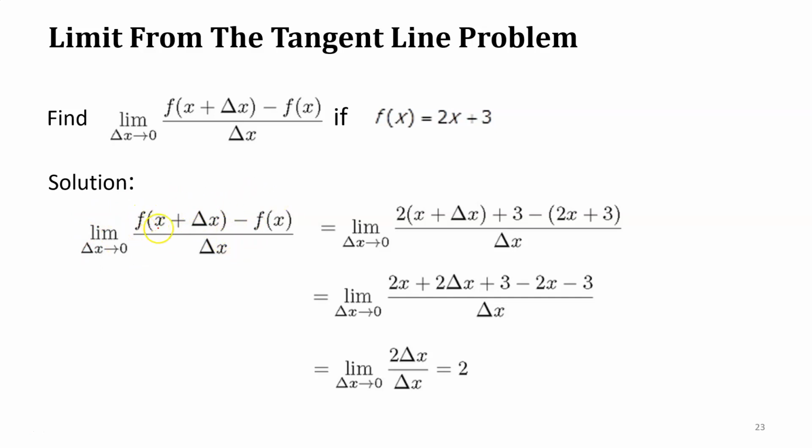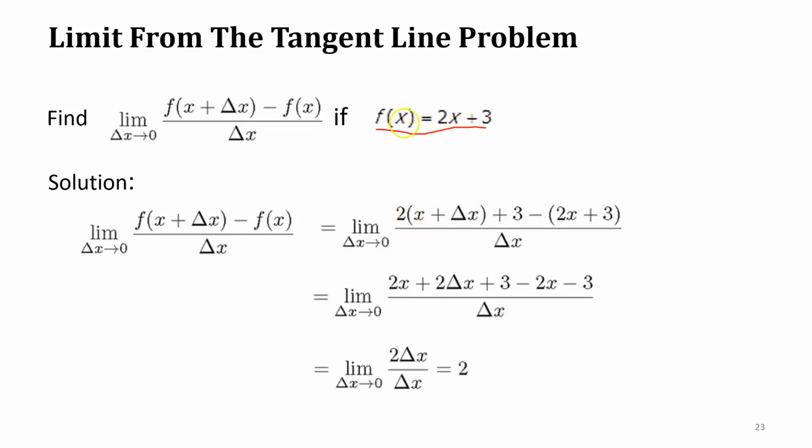For example, you have f of x plus delta x. So this is your f of x. When it is x plus delta x, meaning that everywhere you have x over here, you're going to add delta x. So for example, originally you have 2x.